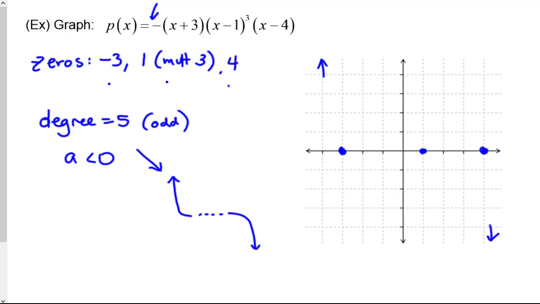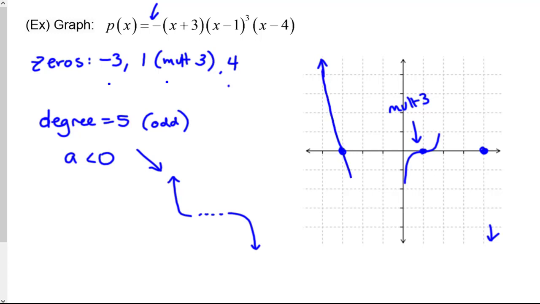But one thing I have to be careful of is this 0 right here at positive 1, which is a 0 of multiplicity 3. So what's going to happen there is my graph is going to look more like a cubic polynomial as I pass through that particular 0. The others are multiplicity 1, so I just pass right through them as usual.